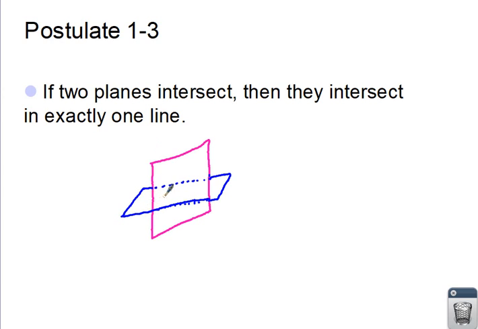So right here, hang on. This is hard to draw. Here's one plane, and let's draw the other plane going this way.